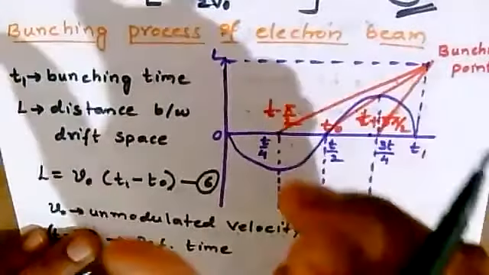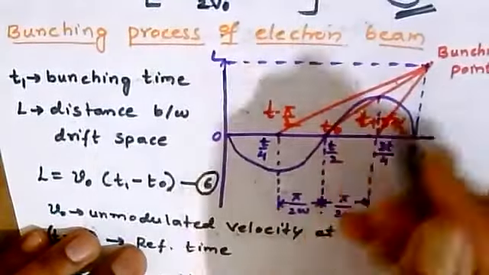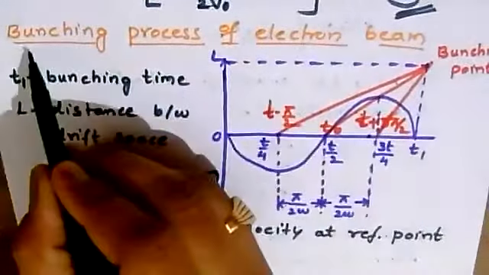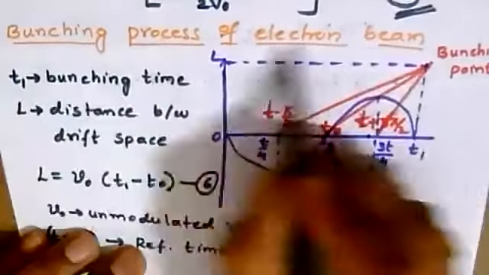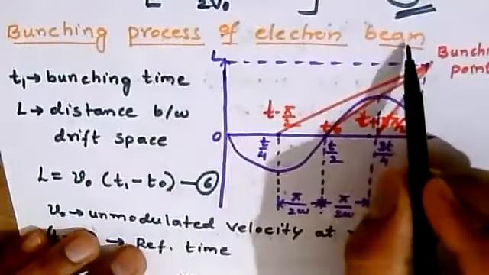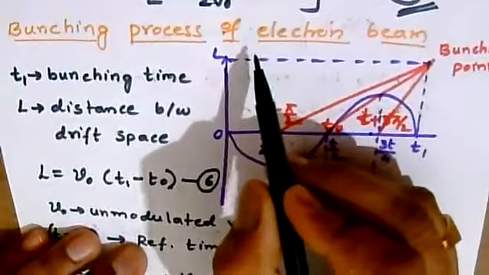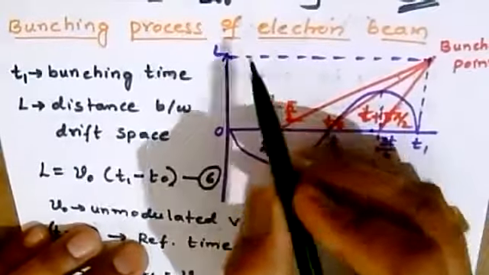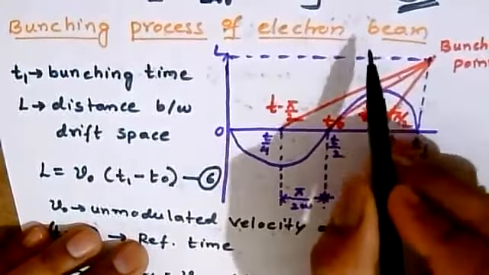That is expressed mathematically, and that is nothing but the derivation of the bunching process of the electron beam. It is highlighted with the title, bunching process of electron beam, which mathematically expresses at what distance and at what time the bunching of the electrons is taking place.